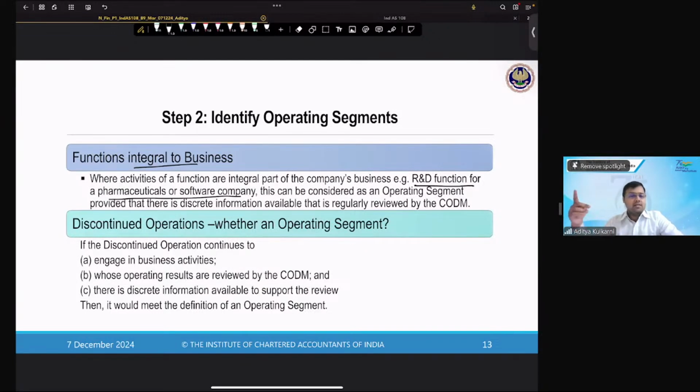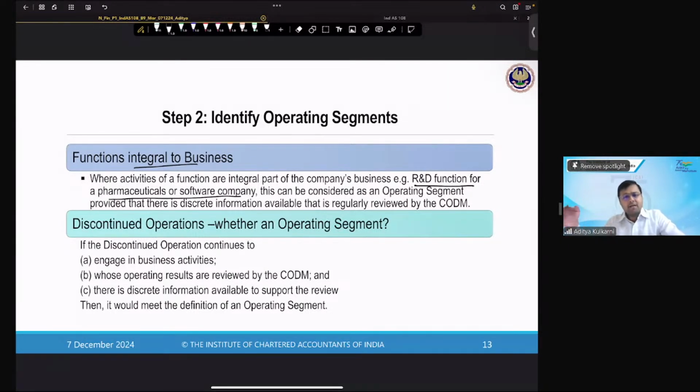So now the question is, how am I going to treat the cost, that 20 lakhs which I'm paying? You have studied Ind AS 38, the criteria for recognizing internally generated intangible assets.